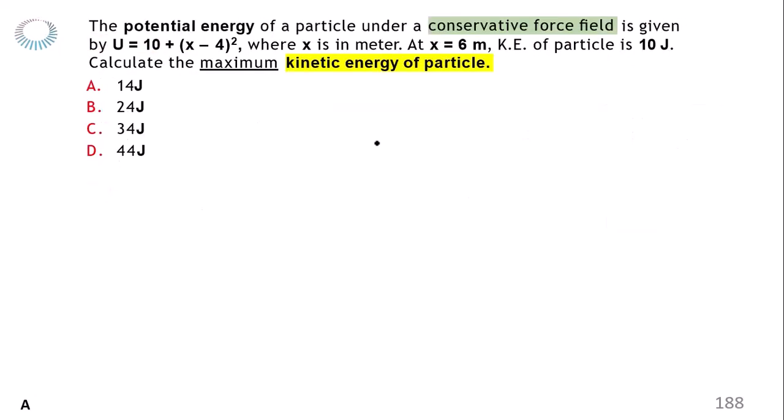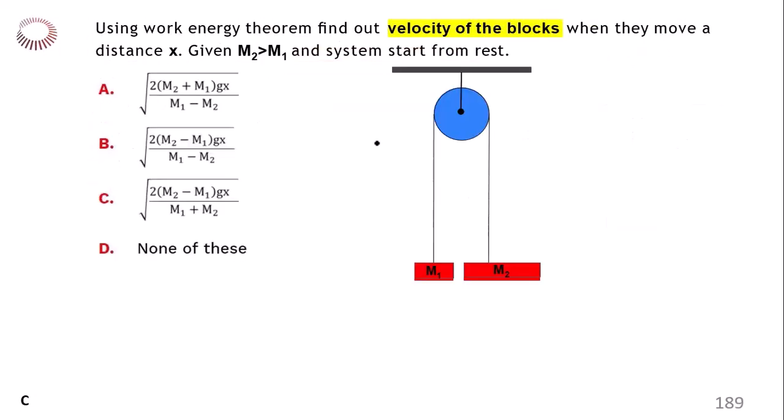Now come to another set of situations. Let us say this type of problem. There is a pulley block system, and we have already solved this type of problem in Newton's laws of motion, where there are two blocks. But in this situation, I am asking you to calculate the velocity of the blocks when they move a distance x. They are connected by a single string.